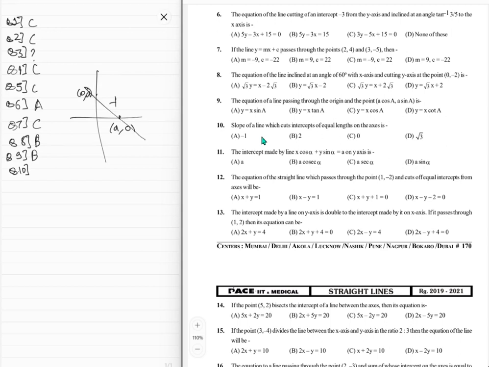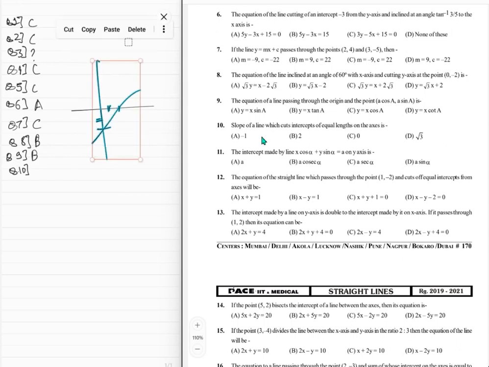And that's all you need. Wait, it's equal lengths. So do they mean the magnitude? In that case, 1 can also work, because we can also have this kind of condition. Then the slope would be 1. But I think they mean equal signed lengths. So then it's a. Question number 11.